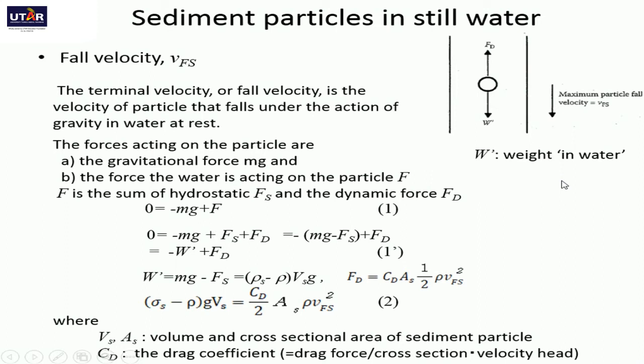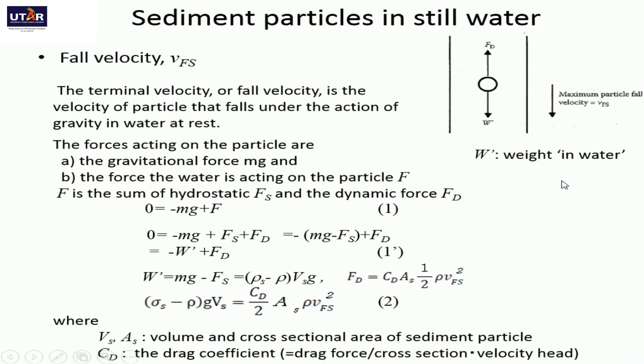The forces that act on the particles are the gravitational force, mg, and the force water acts, or the resistance, F, on the particle. When the gravitational force and the resistance force of the water are in balance, the velocity becomes constant.